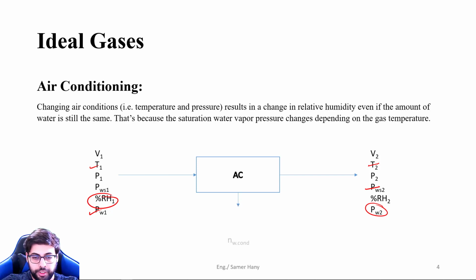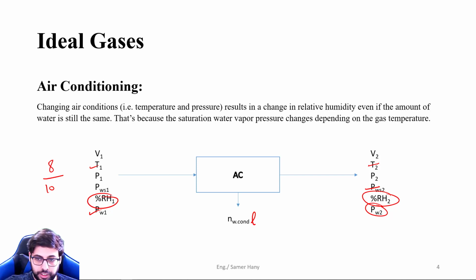And this water pressure could change depending on the changes that happen inside the air conditioner. There could be condensed water if the relative humidity were to exceed 100%, so the gas will not be able to maintain the same amount of water and will start condensing some water as liquid. So let's say when we entered the air conditioner, we had 8 moles of water, and the saturation for the air was 10 moles, so we had 80% relative humidity.